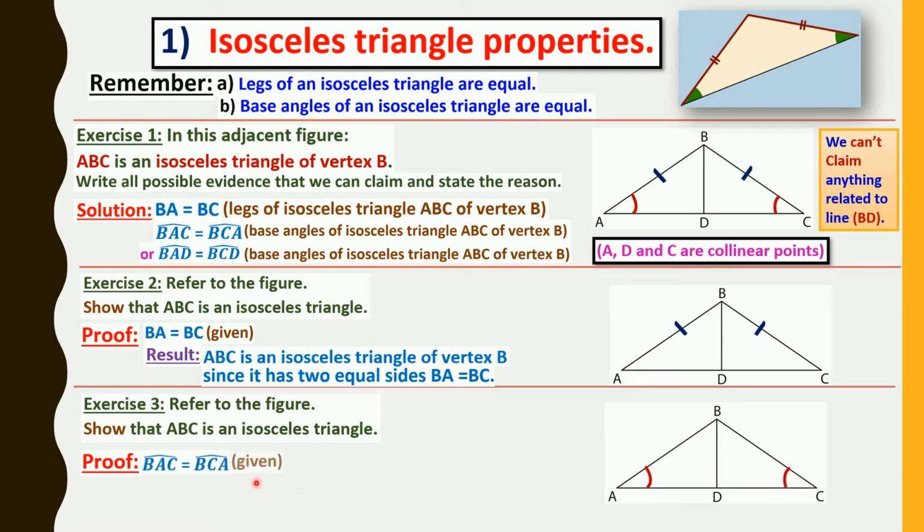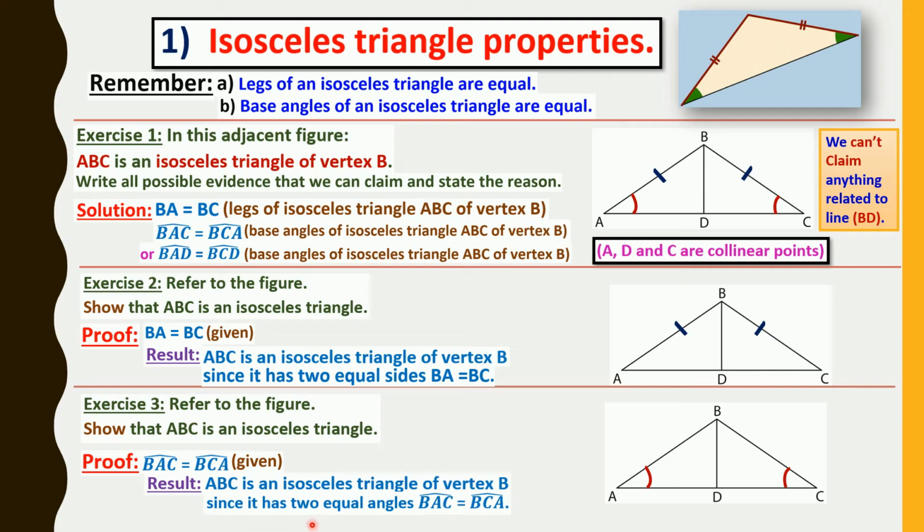The reason is given. Then the result is ABC is an isosceles triangle of vertex B, since it has two equal angles, BAC equals BCA. So to prove that a triangle is isosceles, we have two methods. Either we prove that it has two equal sides or that it has two equal angles.